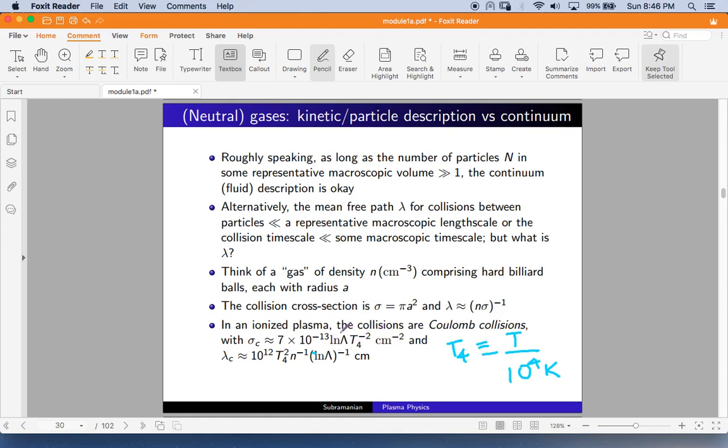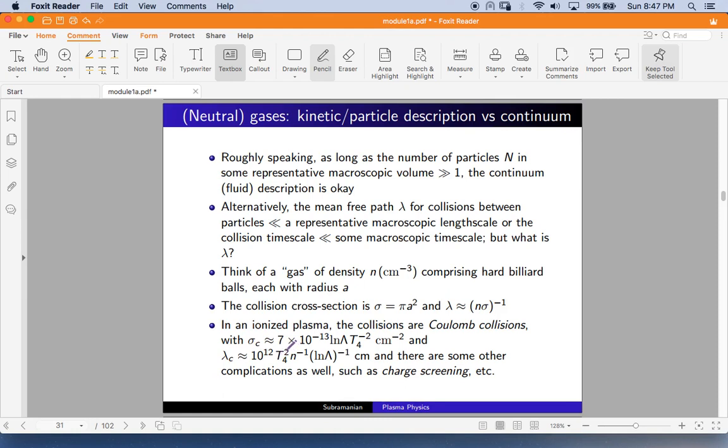This ln lambda, I'll tell you what it is. We will discuss it later. Let's just take this as a formula, right? And so the main thing to notice from this formula is that if the collision cross section is such, then the mean free path turns out to depend very strongly on the temperature.